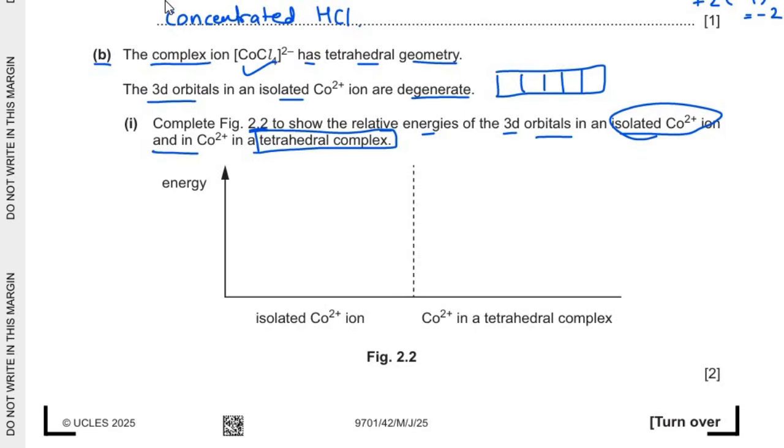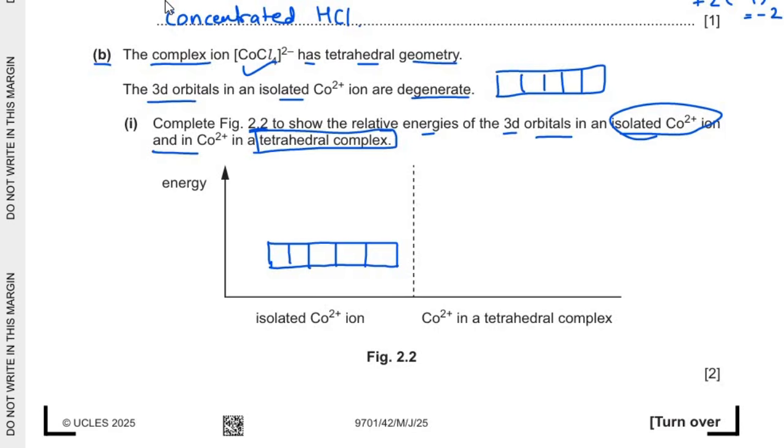So if we talk about the degenerate first, which is present in an isolated Co2+ ion, isolated we know is without the ligand. So here 1, 2, 3, 4 and 5 d orbitals I am drawing here, and they are all degenerate, that is they are at the same level, same energy.